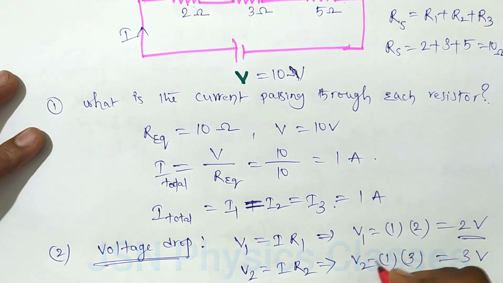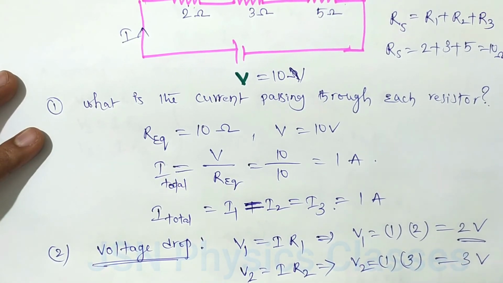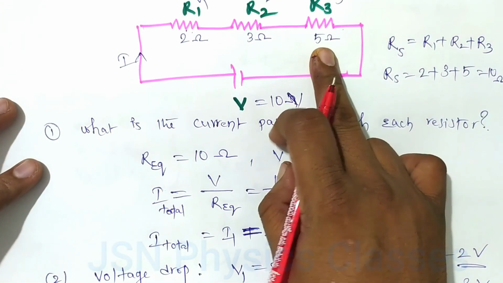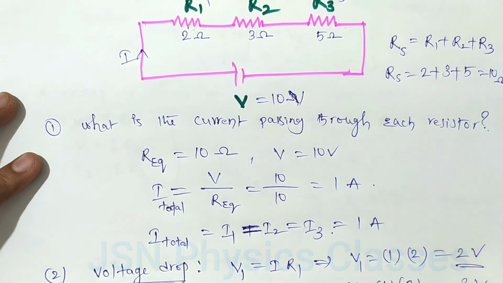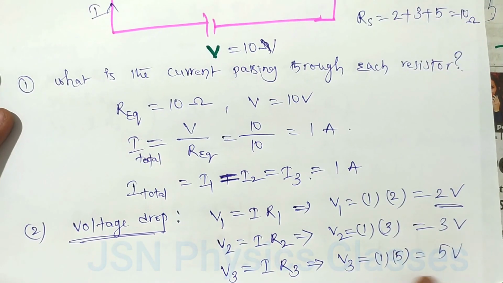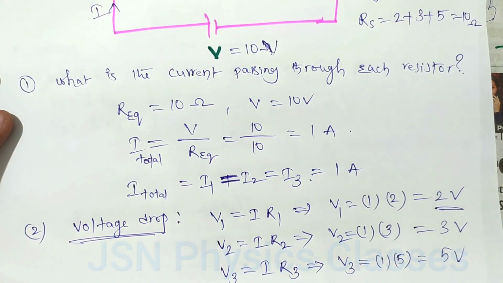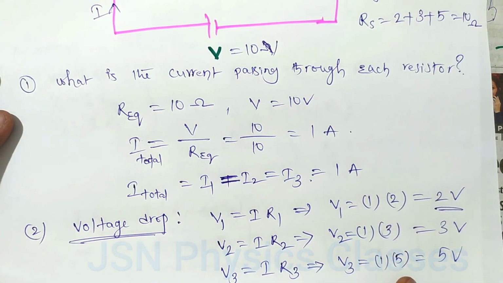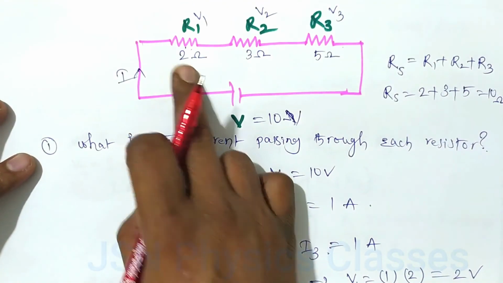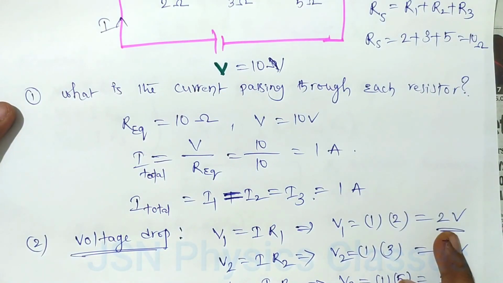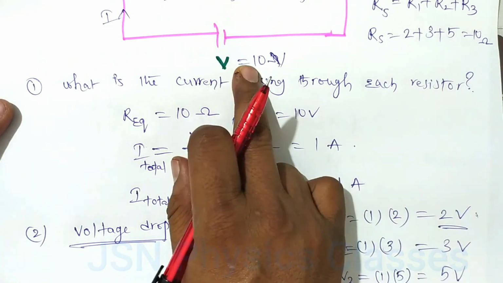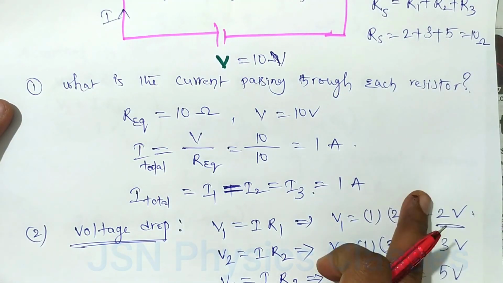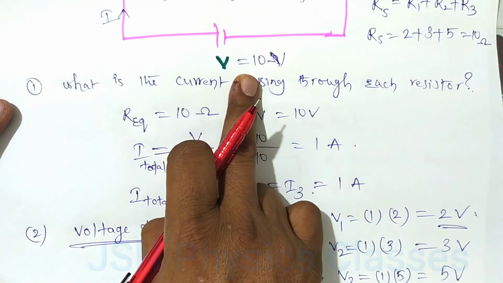Here V3 is 1 into R3 value 5, that is 5 volts. See, the potential drop across the 2 ohm resistor is 2 volts, the 3 ohm resistor is 3 volts and the 5 ohm resistor is 5 volts. And remember, this 10 volts is shared, that is if you add these 3 you will get again 10 volts.